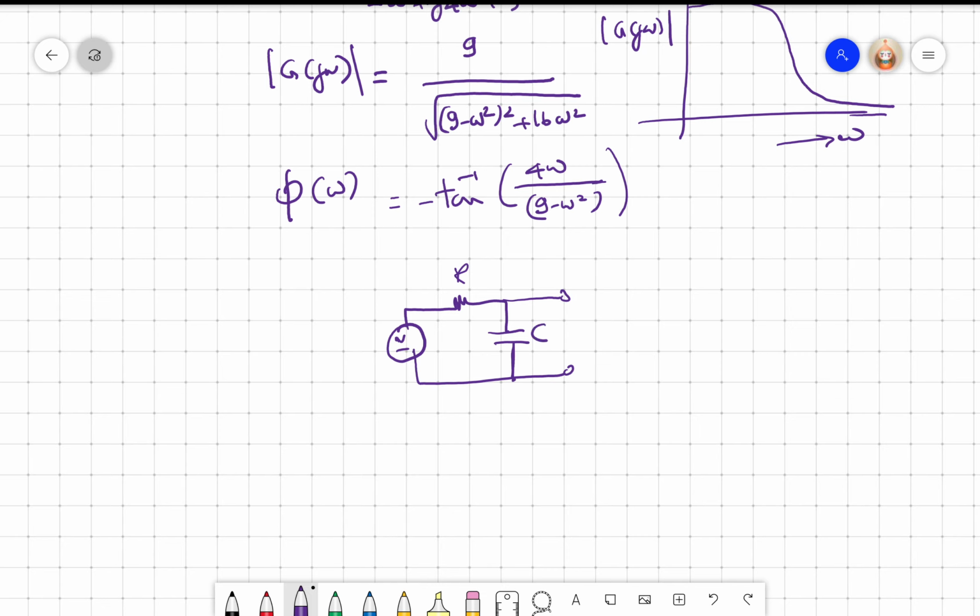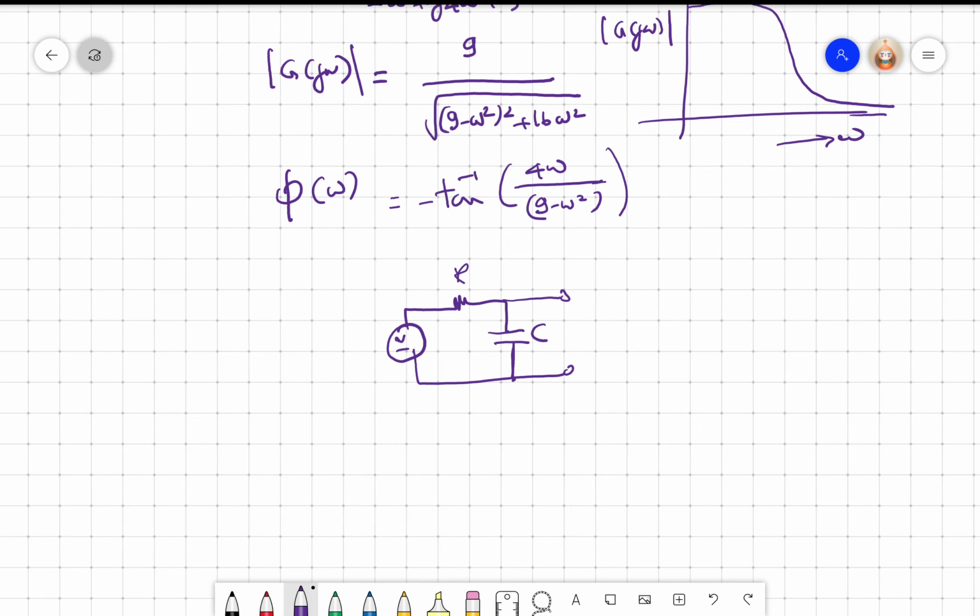So I can write the equation whichever way I want, because it's such a simple one.